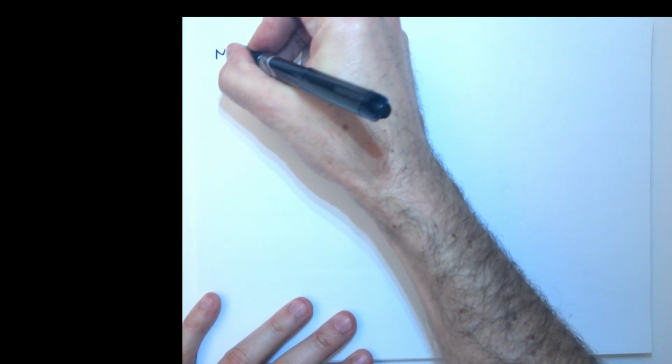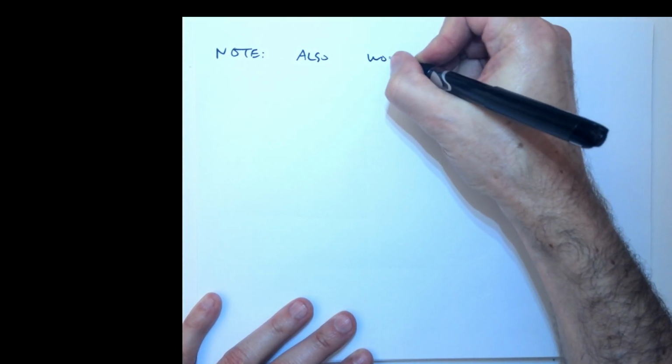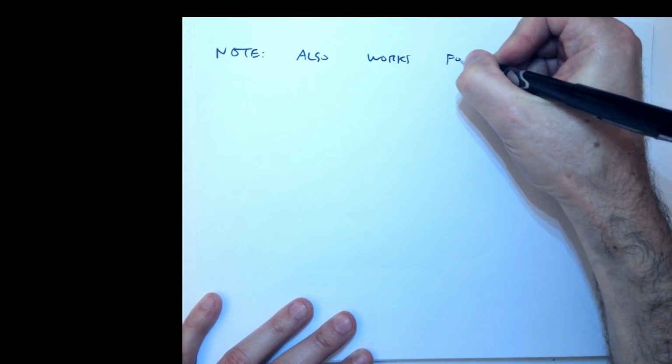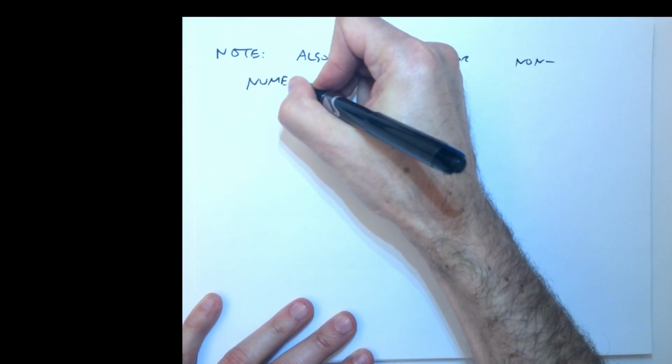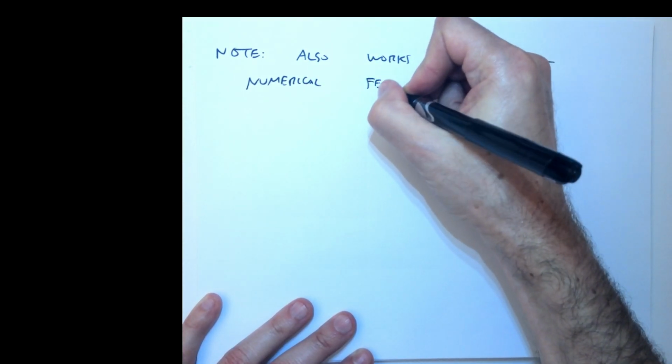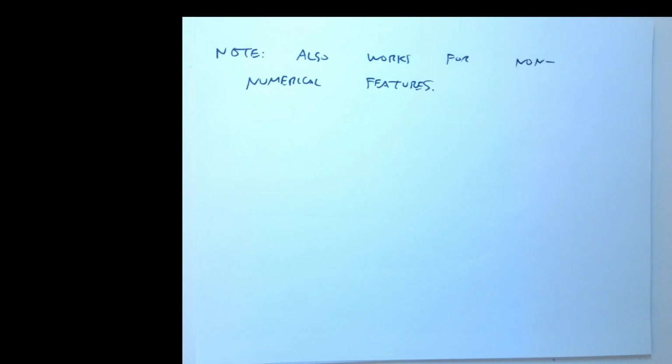But one side note is that this idea also works for non-numerical features. Right? So for example, suppose that I'm trying to classify different kinds of fruit.